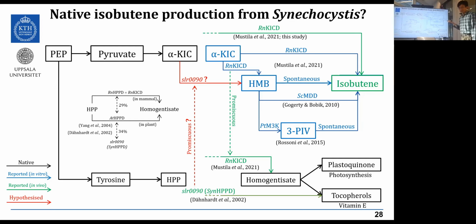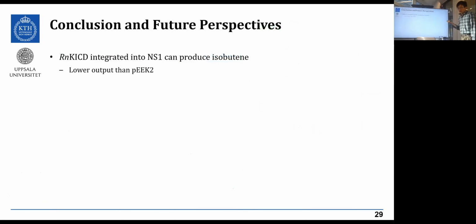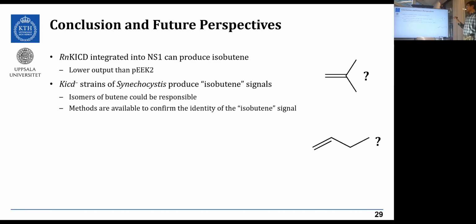We need to confirm that it is actually isobutene we detected from Synechocystis. Okay, so conclusion and future perspective. In conclusion, when RNKD is integrated into nucleoside 1, Synechocystis can produce isobutene, but with a lower output than when RNKD was expressed on plasmid 2.